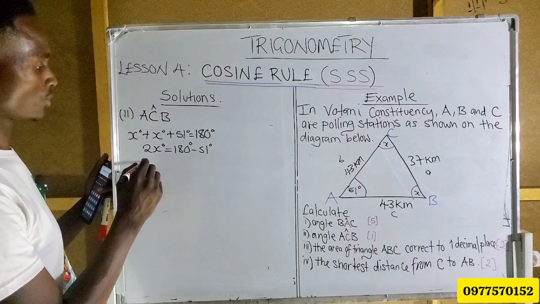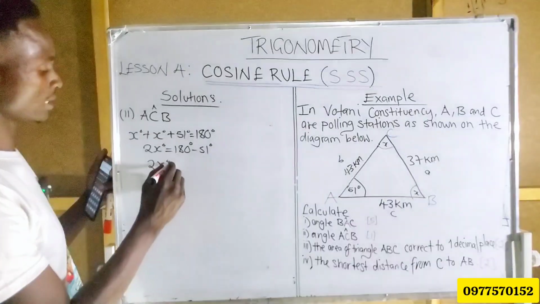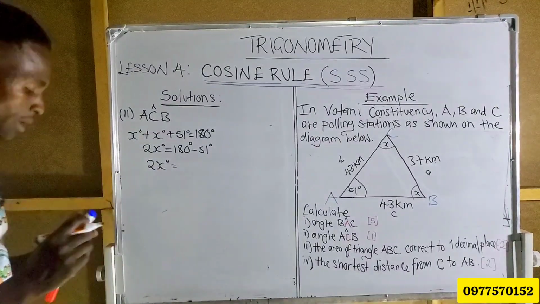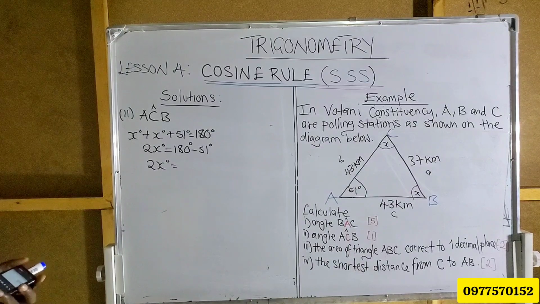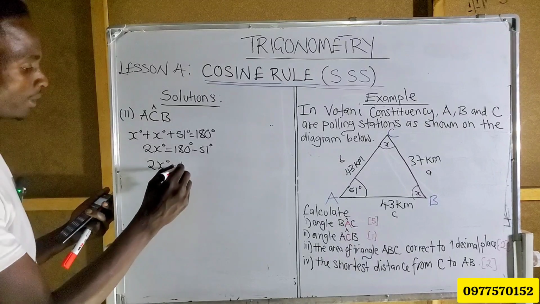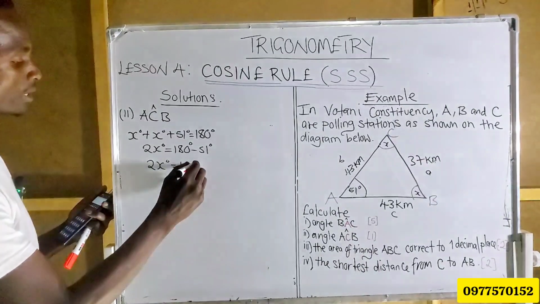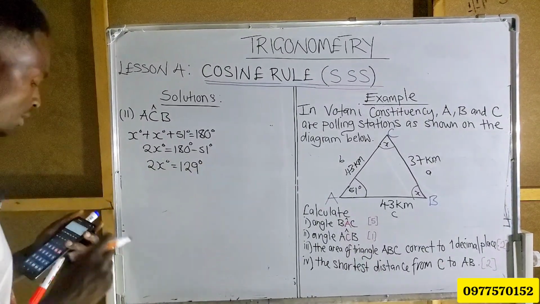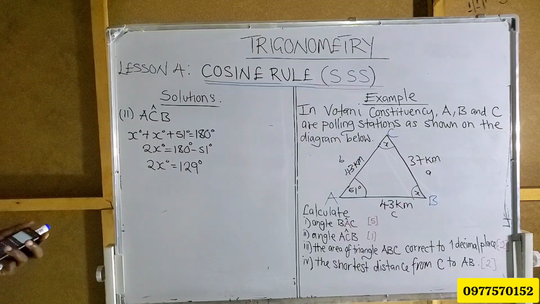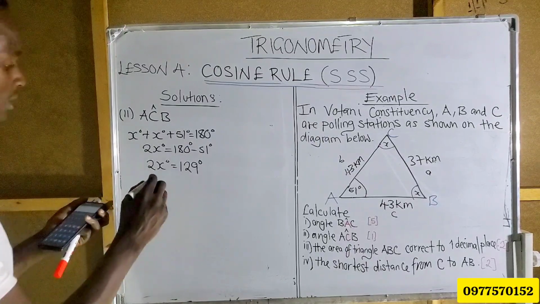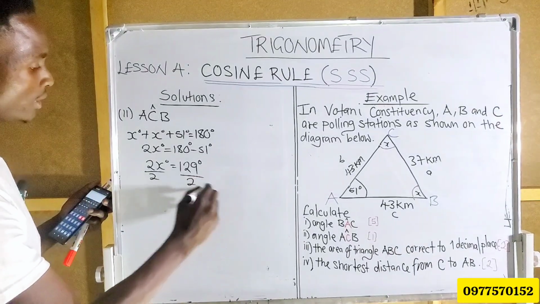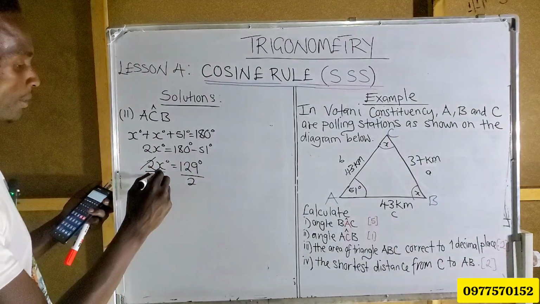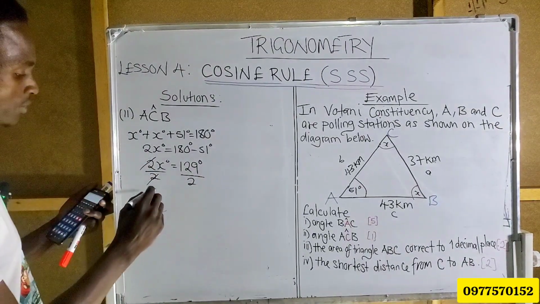So 2x degrees is equal to 180 minus 51, which is 129 degrees. So when you reach here, we are going to divide by 2 on both sides.